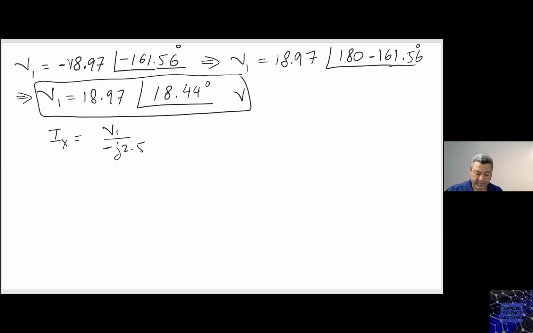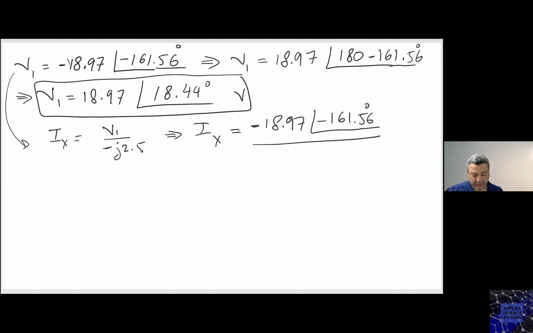If we keep V1 as negative, Ix is minus 18.97 with angle minus 161.56 degrees, divided by minus j.